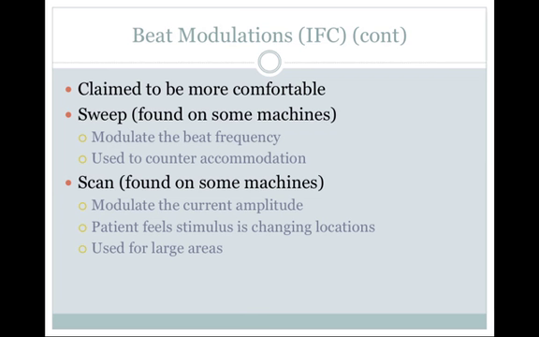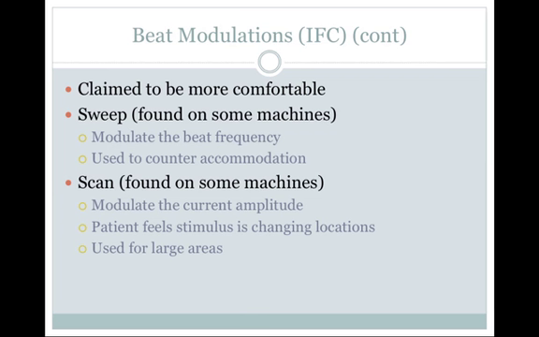Okay, so the claim for IFC then, because of those high frequencies, is that it's supposedly more comfortable. And you have some other types of modulations that are there on just about every IFC current on a machine. They may be labeled different things, but one common label is a sweep, and that's used to modulate the beat frequency, used to counter accommodation.